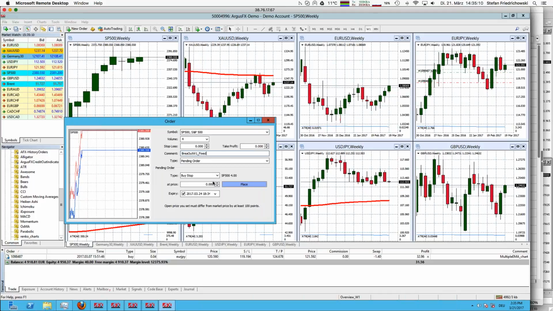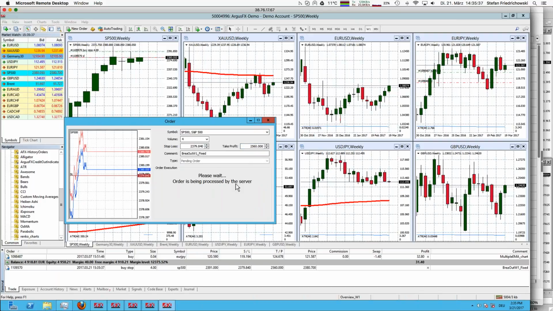And now going for the numbers, entry price is 2391. Stop loss is 2379.84. And finally, take profit 2560. Now it looks good. Okay, place the order.